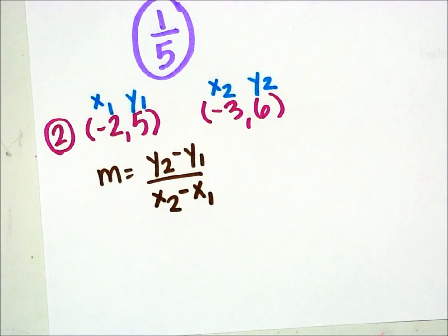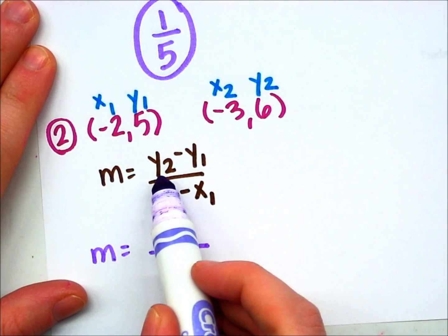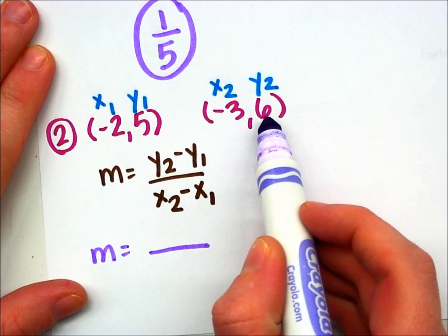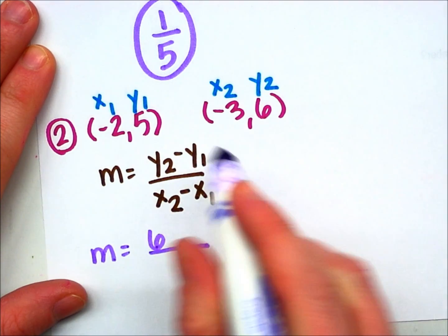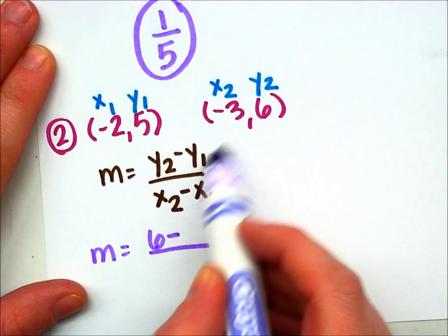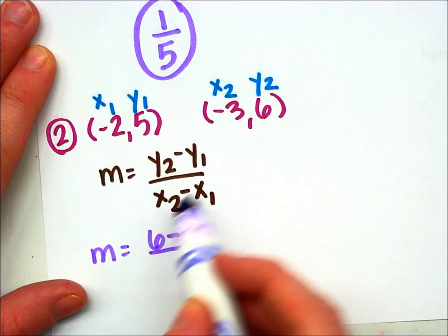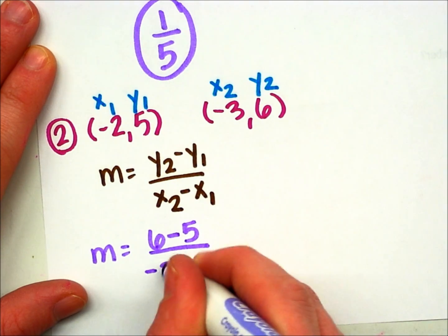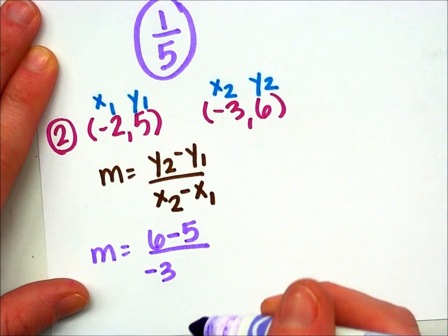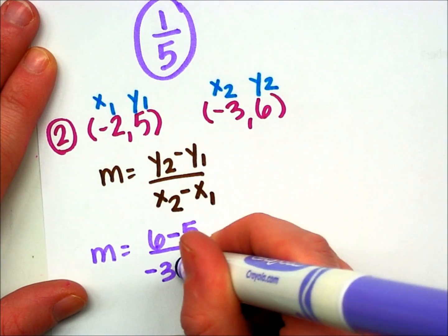And now I'm going to substitute into the slope formula. I see y sub 2, well, I find that to be 6, minus, so I'm going to write down a minus. I see y sub 1, I find that to be 5. X sub 2, I see is negative 3, and here's where it gets messy, so be careful. After x sub 2 should be a minus sign.